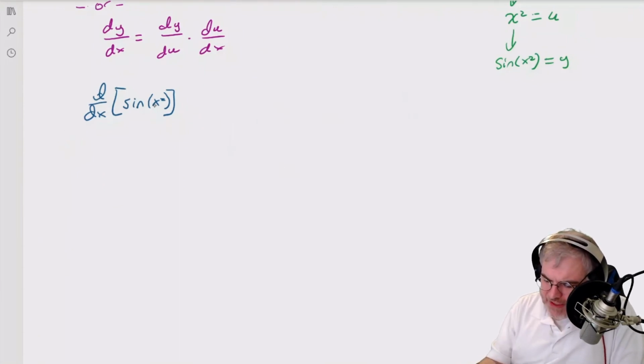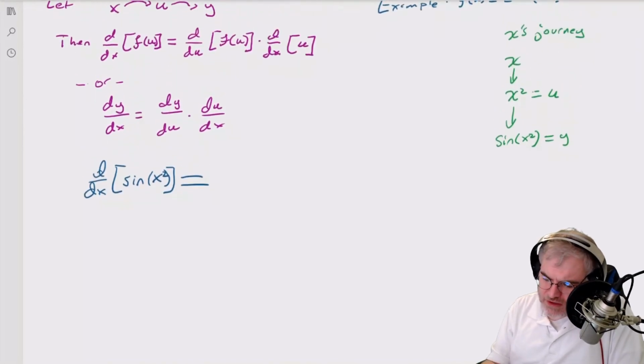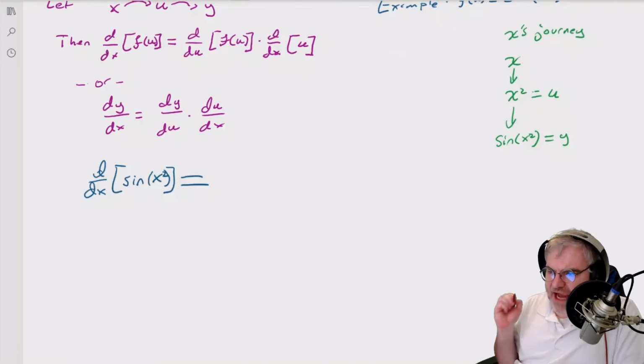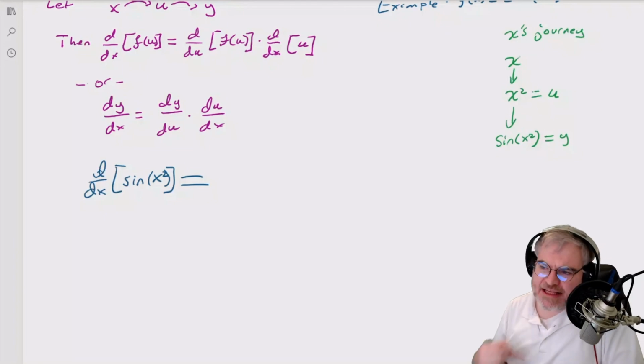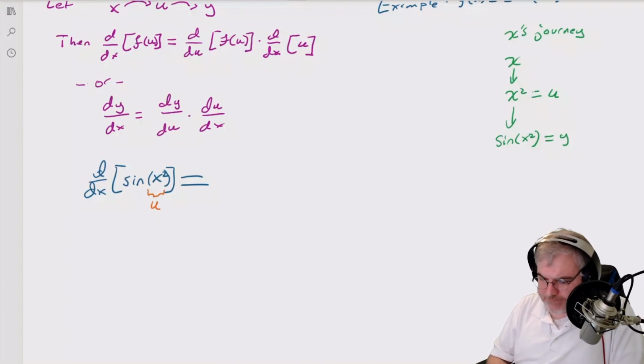All right, so I've got d over dx of sine of x squared. Now what I'm going to do is name something u. Notice that here I'm taking the derivative in terms of x of something in terms of u. I can't do that, but I can take the derivative of u. So I'm going to call this u, and then I'm going to change the variable by which I'm differentiating.